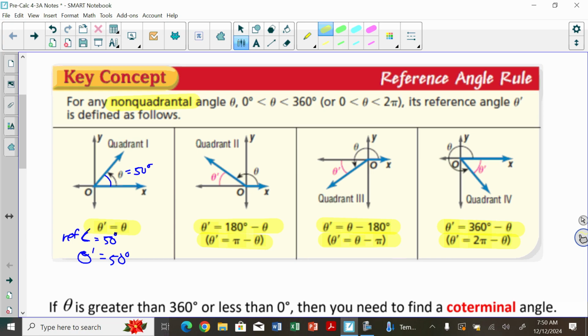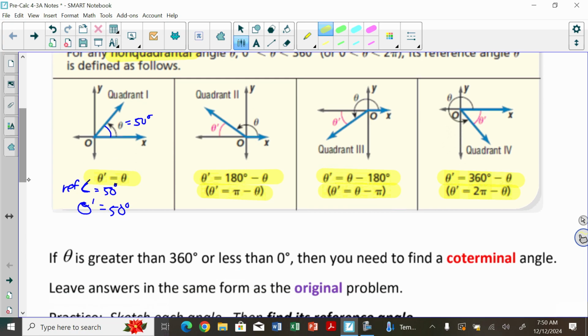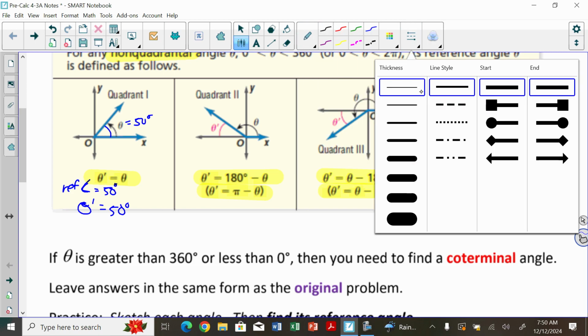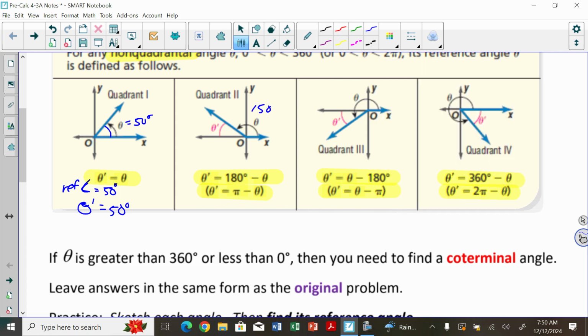Okay, so let's look at some examples of those as well. Let's say that theta was equal to 150. In that case, we're going to take 180 minus 150, and you would get theta prime.